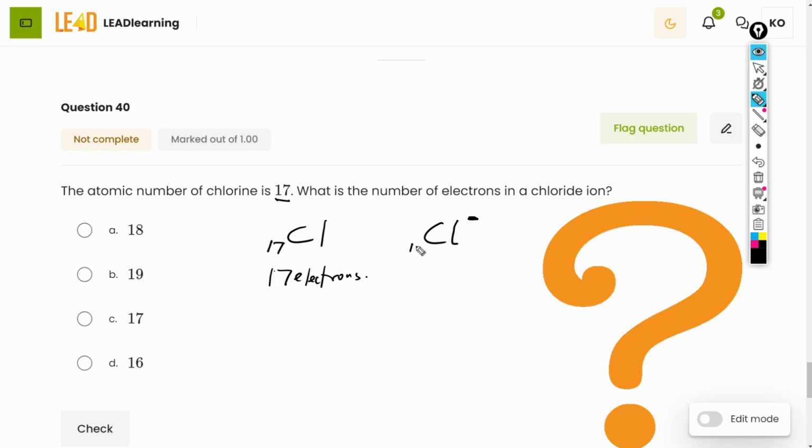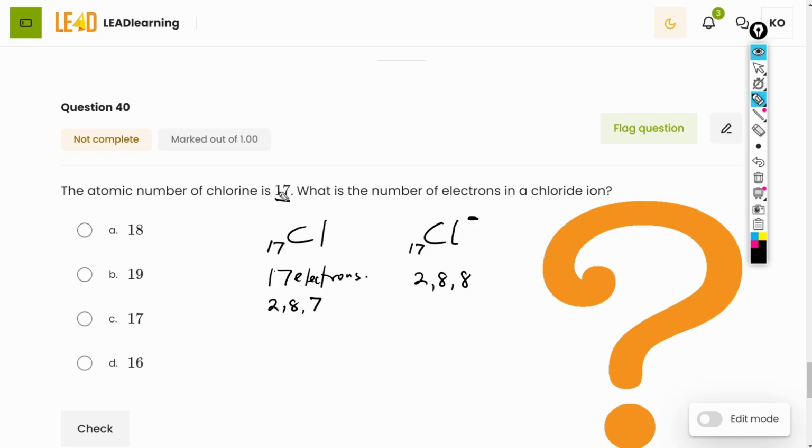Therefore the proton number is still 17. However, because of this -1, we now know that there is an extra electron. While the configuration of a chlorine atom would be 287, the configuration of chloride would be 288 because of the extra electron that has just been gained.